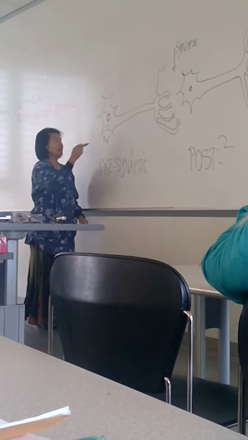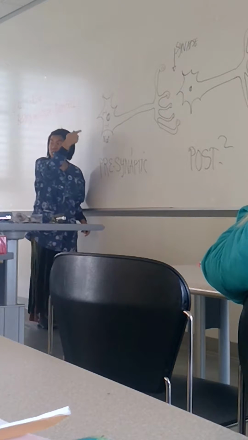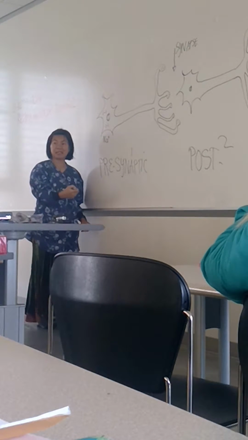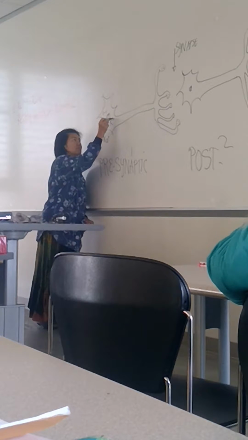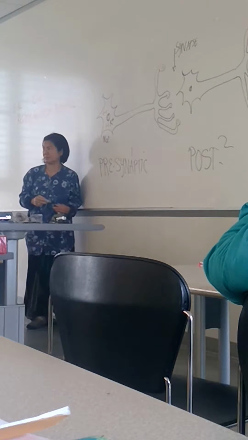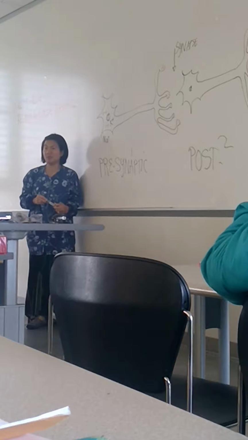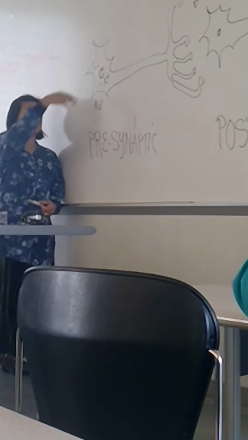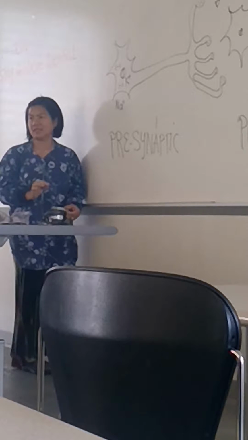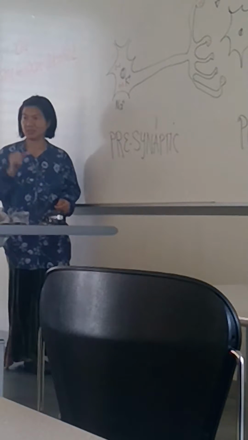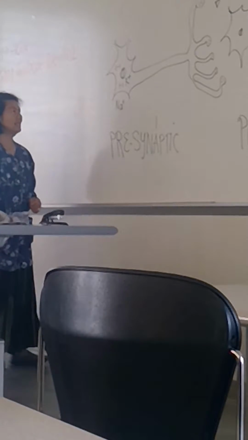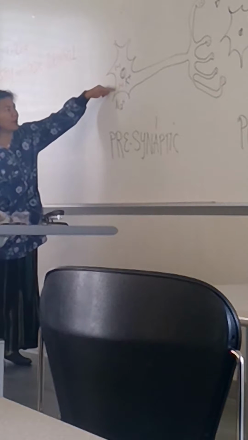For inside the cell, the most abundant cation is potassium. We need to know these two: potassium, abundant inside; sodium, always abundant outside. Lots and lots of potassium inside. Now, this is the cell membrane, right?